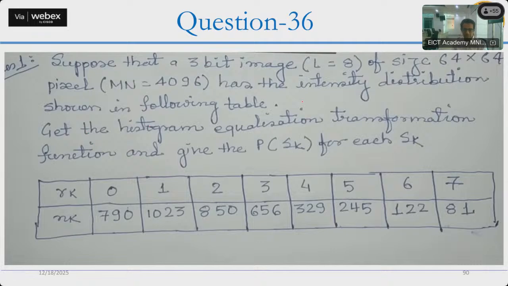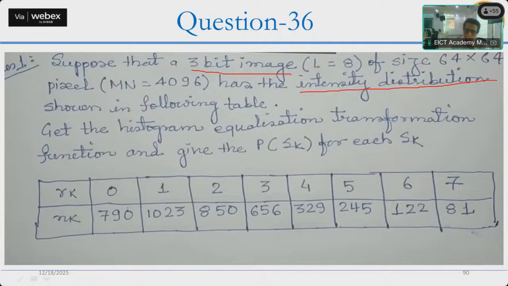So what do you mean by intensity distribution? See, you see the new word. Once you are able to catch the words, you will find the things very easy. So it is like again the histogram. Suppose that a 3-bit image is there. It means what will be the range of the gray levels?